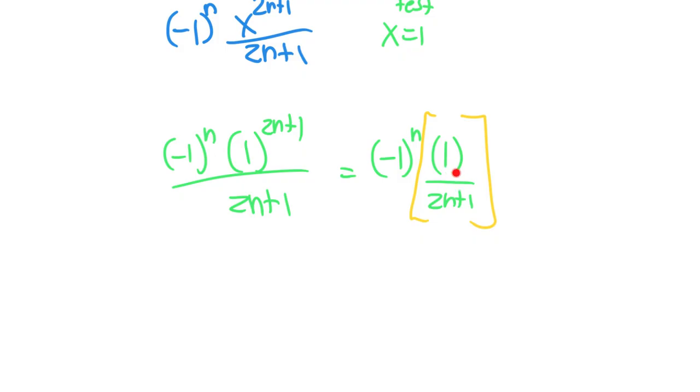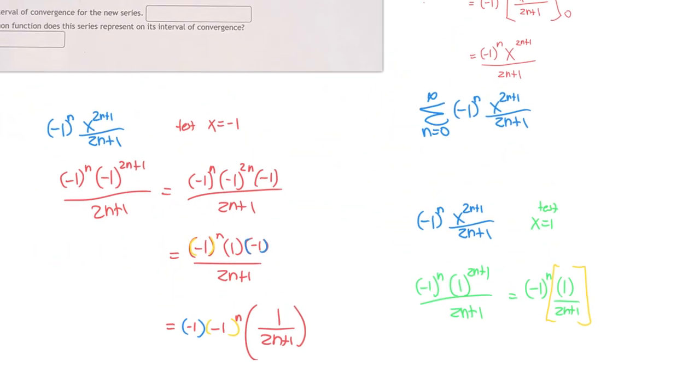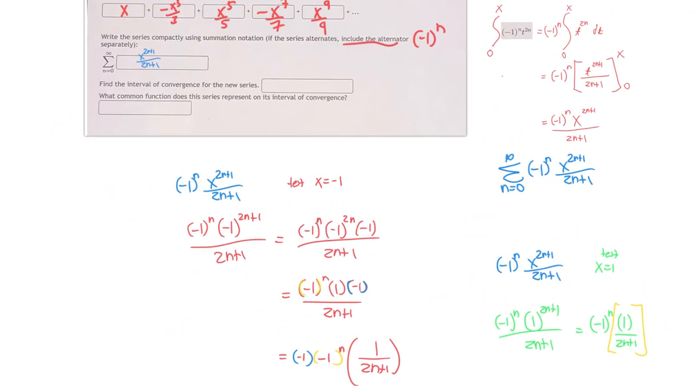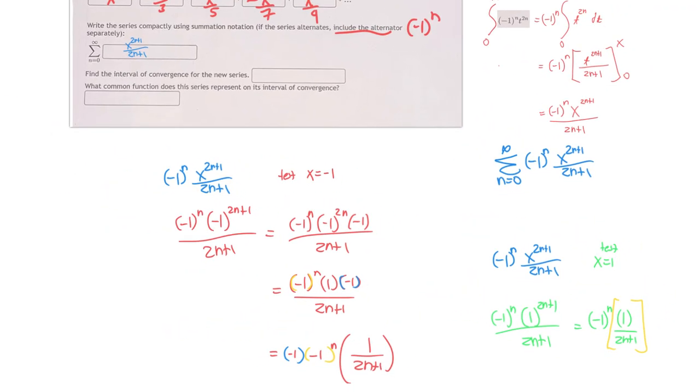So these are decreasing as n gets larger. And not only that, but this whole thing is approaching 0 as n approaches infinity. So this also converges. Therefore, the interval of convergence is most definitely -1 to +1.